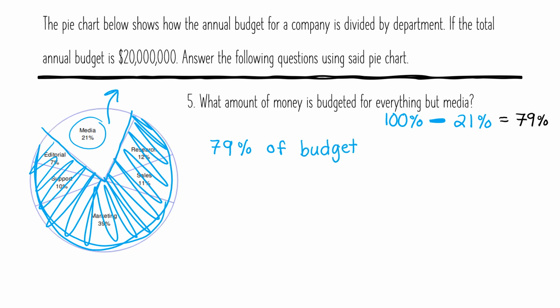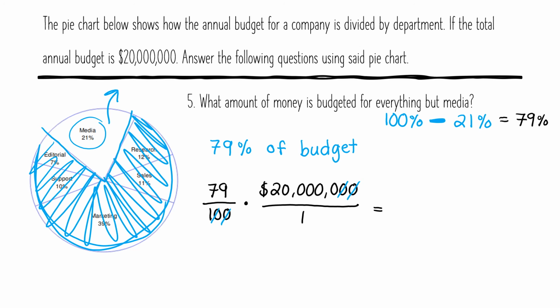So that'll be 79%, which I'll write as a fraction, which is 79 over 100, times our budget of $20 million, over 1, since we're multiplying these fractions. We will have 2 of our 10s divide out, so we can cross out 2 zeros in the numerator and 2 zeros in the denominator. And then we need to multiply 79 times 200,000.